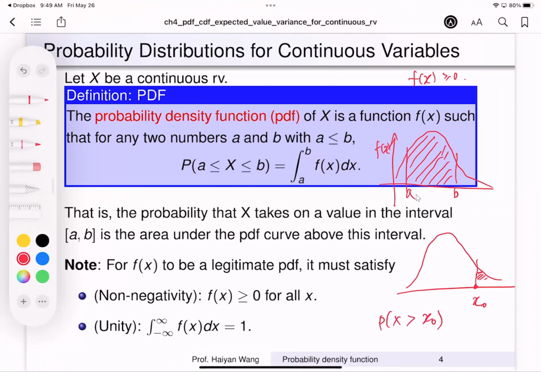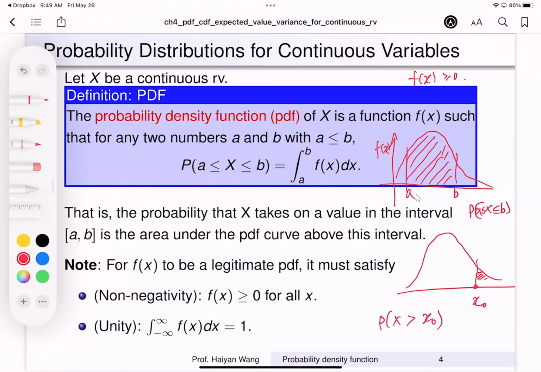And this one is the probability of x between A and B. And sometimes we also care about the probability to the left of a value. So this is the probability density function for any of the A and B. As long as you have the density function, you will be able to get the probability computed.